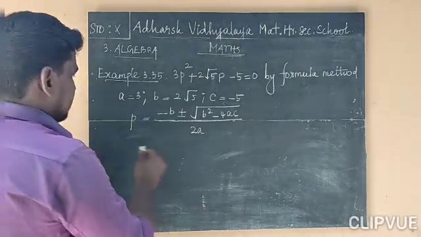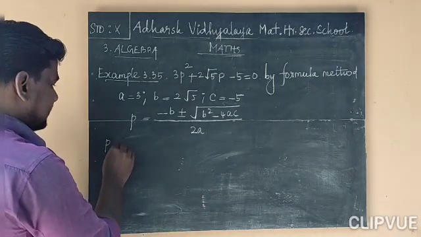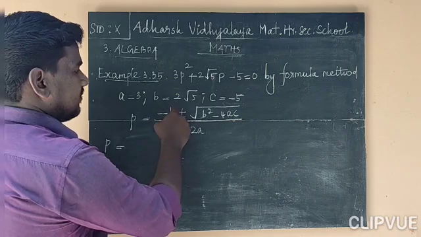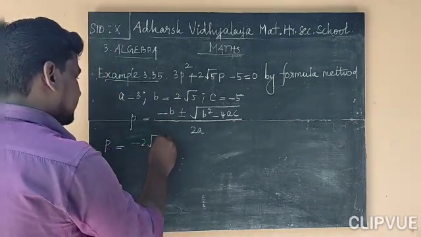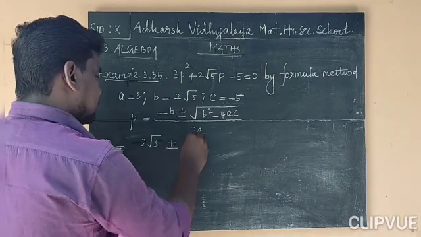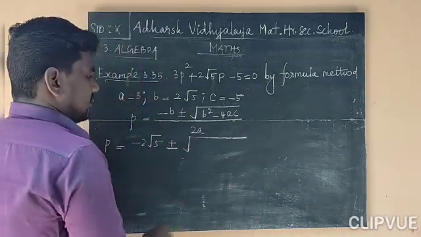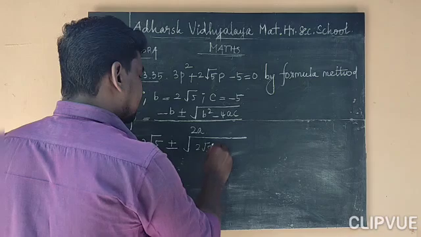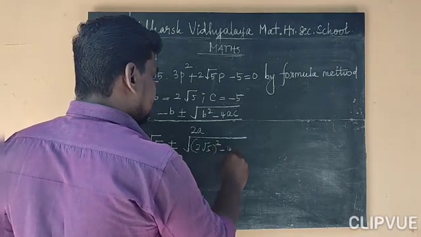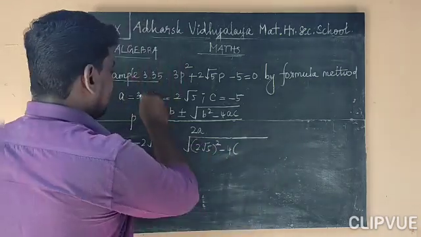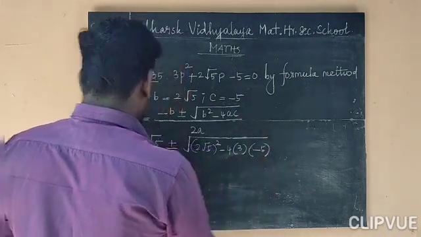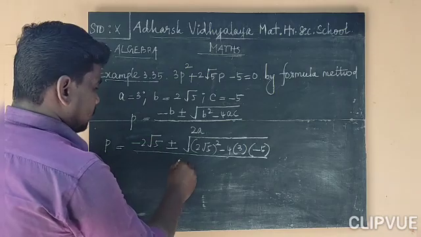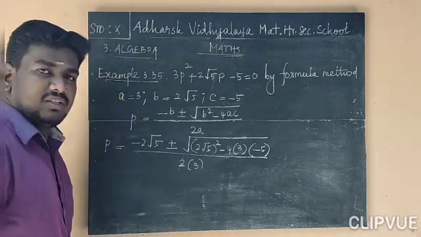Okay, right. So p is equal to, what is b? b value is 2 root 5. So this is minus 2 root 5 plus or minus root of b square. So 2 root 5 whole square minus 4 into a value 3 and c value minus 5, whole divided by 2 into a, 2 into 3.